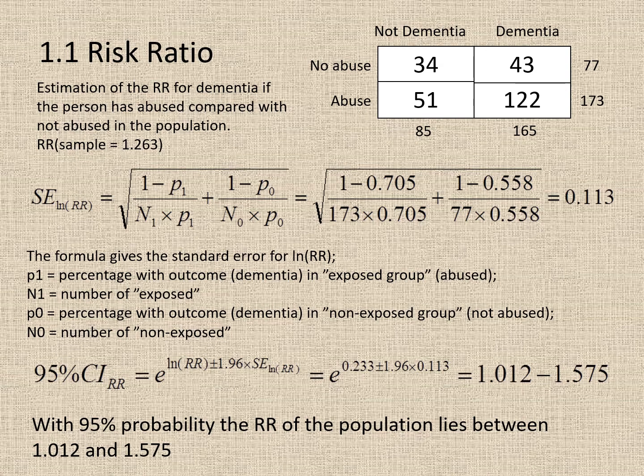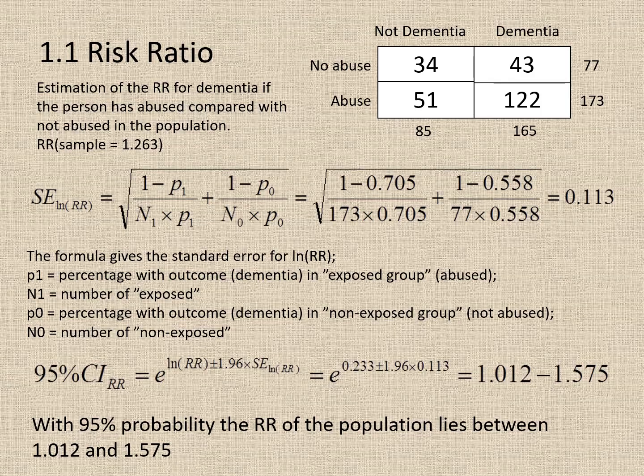In the population, those who have abused have a higher risk for dementia compared with those who have not abused. In the population, the increase in risk if you abuse is somewhere between 1.2 and 57.5% higher compared with if you don't abuse. That's the interpretation.